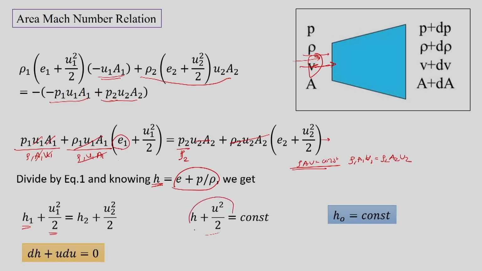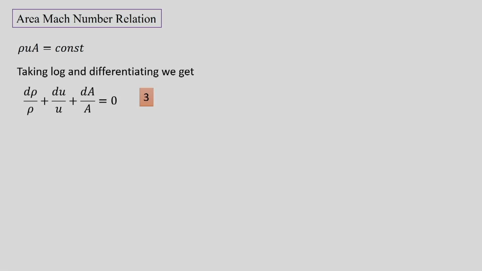If we differentiate this expression, we get dh plus u du equal to 0. Now let us find the area Mach number relation. For the quasi one dimensional case, rho u A equal to constant is the mass conservation equation. Let us take the log and differentiate, which gives d rho by rho plus du by u plus dA by A equal to 0.